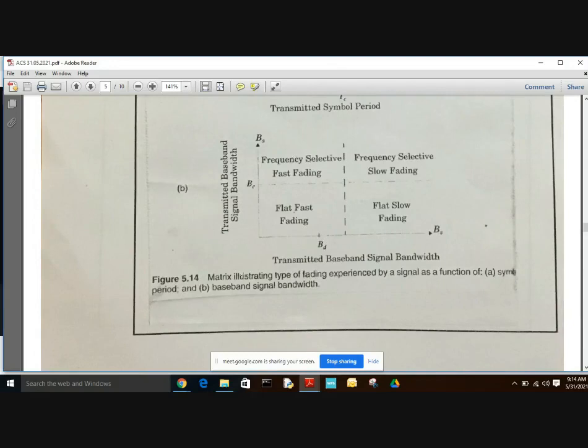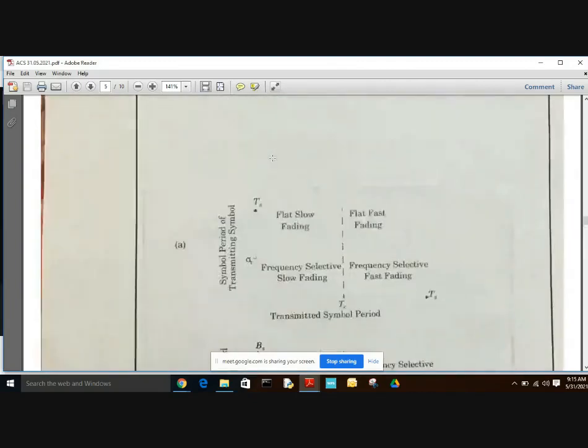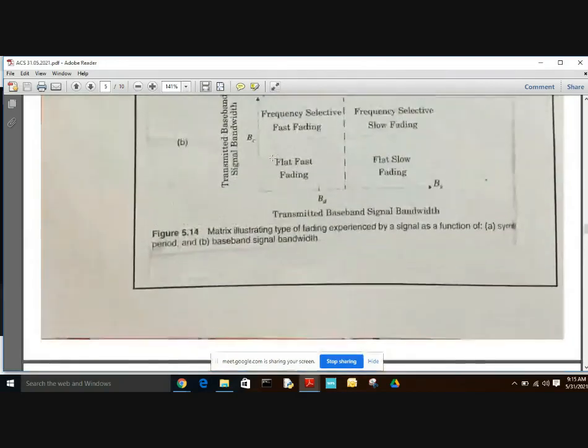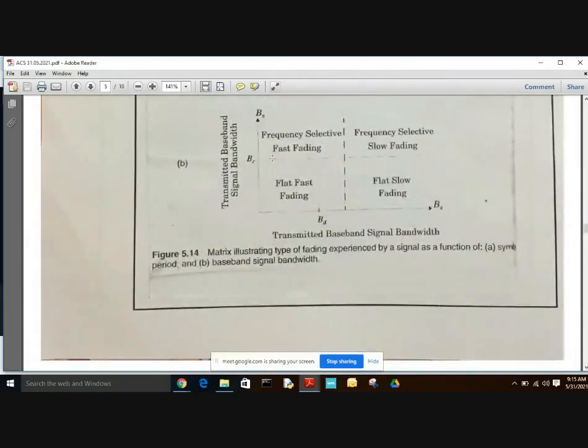Both figures show a matrix illustrating the type of fading experienced by a signal as a function of symbol period, first based on the symbol period and second based on the signal bandwidth, that is, Bs, Bc and Bs, Bd.